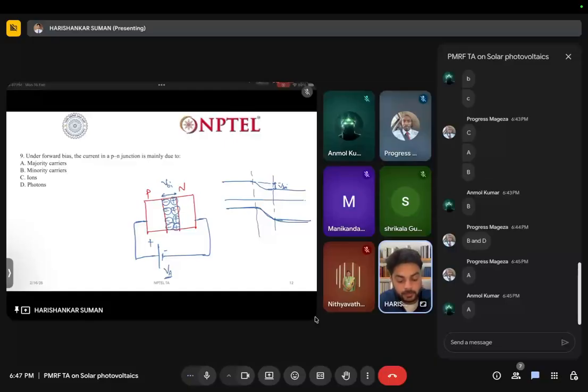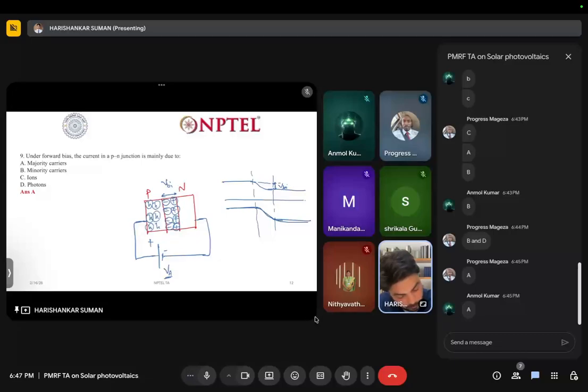You know, majority carriers are holes here, and electrons there. Initially, without biasing, the PN junction is formed, and our PN diode is in equilibrium.